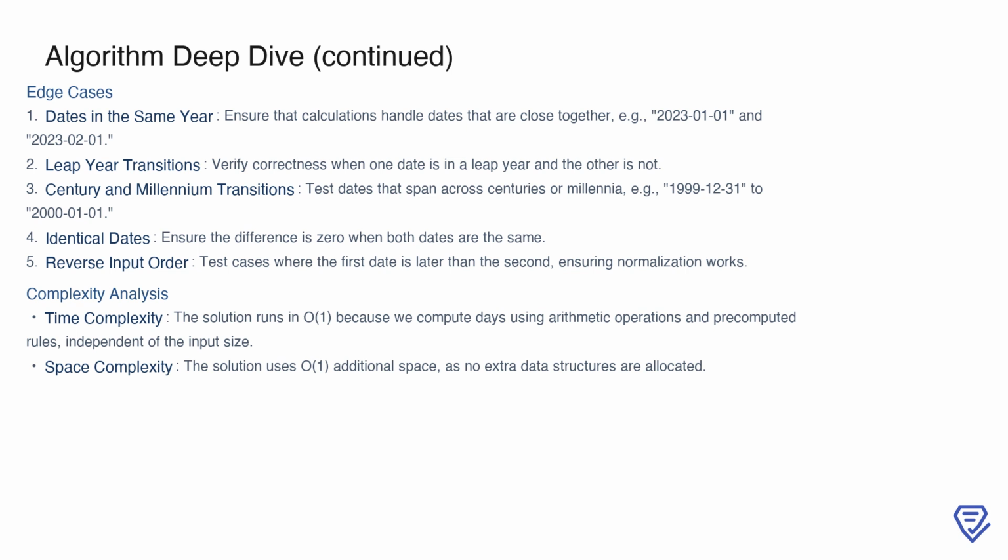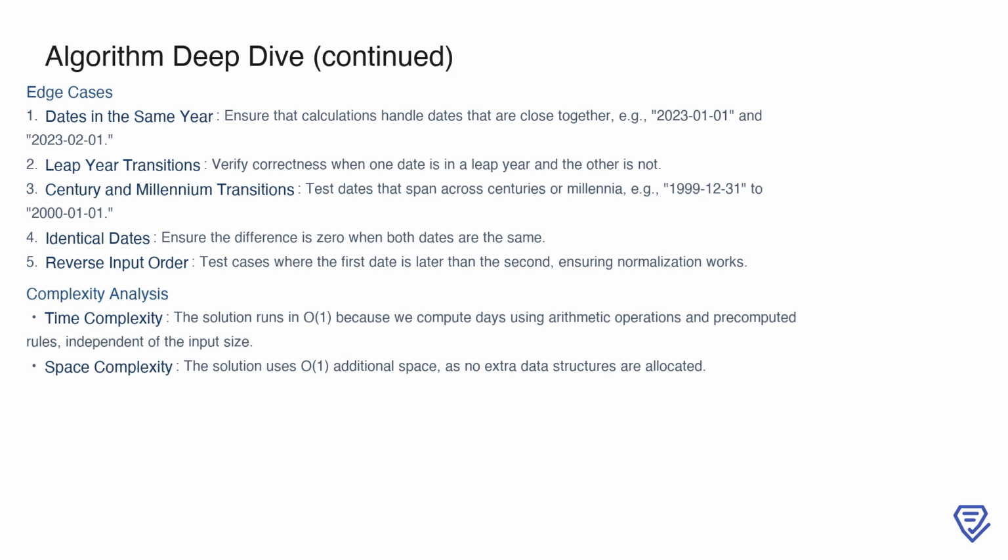For example, February 29, 2020 to March 1, 2021. Third, we must handle transitions across centuries or millennia, such as December 31, 1999 to January 1, 2000. Fourth, when the two dates are identical, the output should correctly return 0 days. Finally, test cases where the first date is later than the second ensure that normalization works as intended.